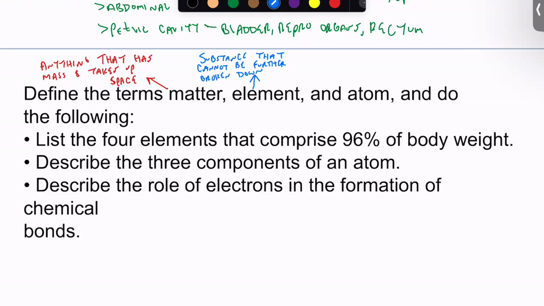Actually, we'll talk about some in just a second, but like fluorine, chlorine, sodium, things like that. Okay. Then an atom is the smallest unit of an element, retaining the chemical properties of that element.